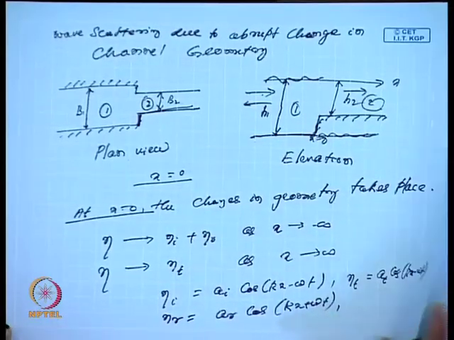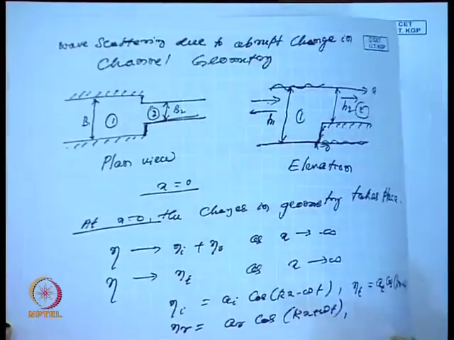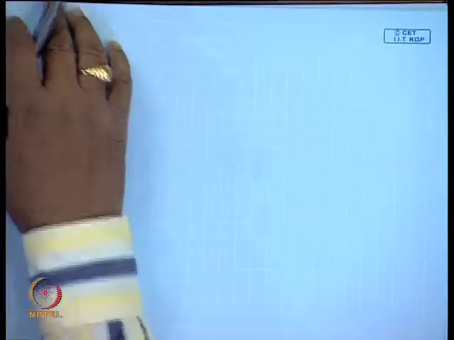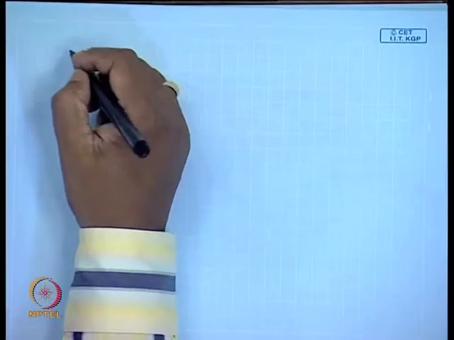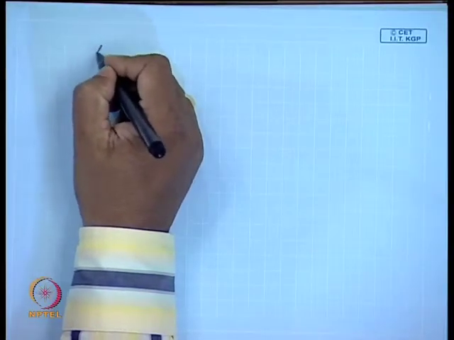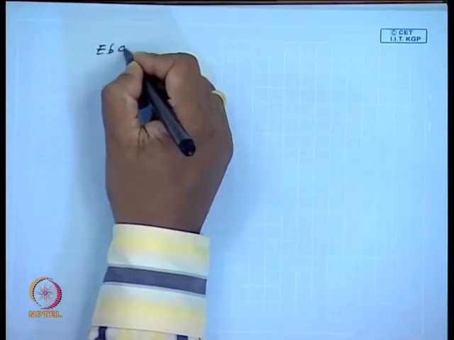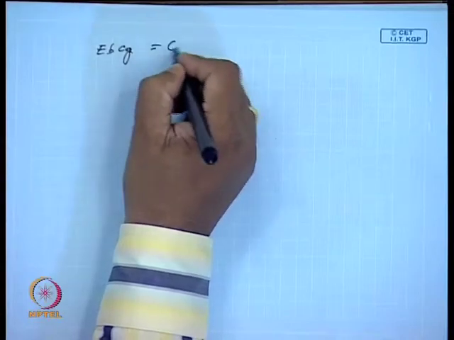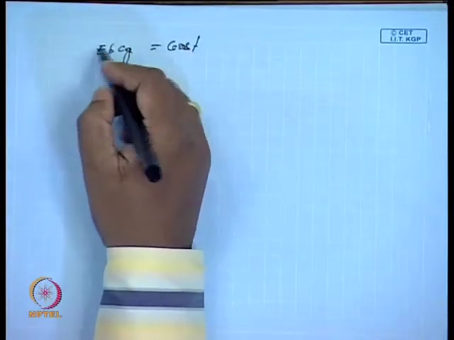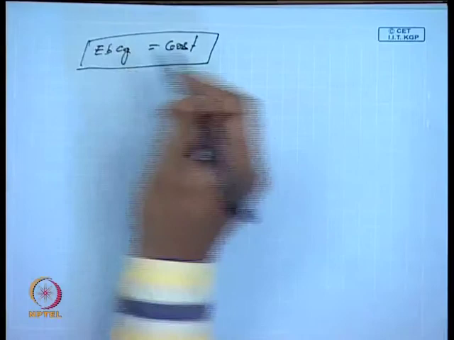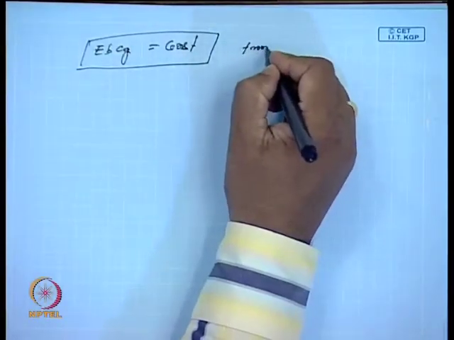Now, to analyze this problem, if I look at the energy relation, I have E b c g equal to constant, because this channel is such that, from conservation of energy flux.